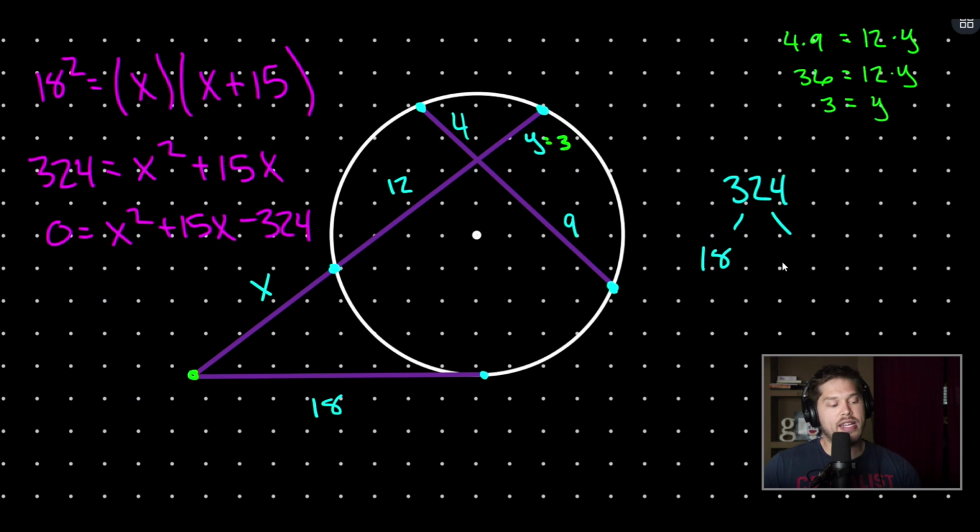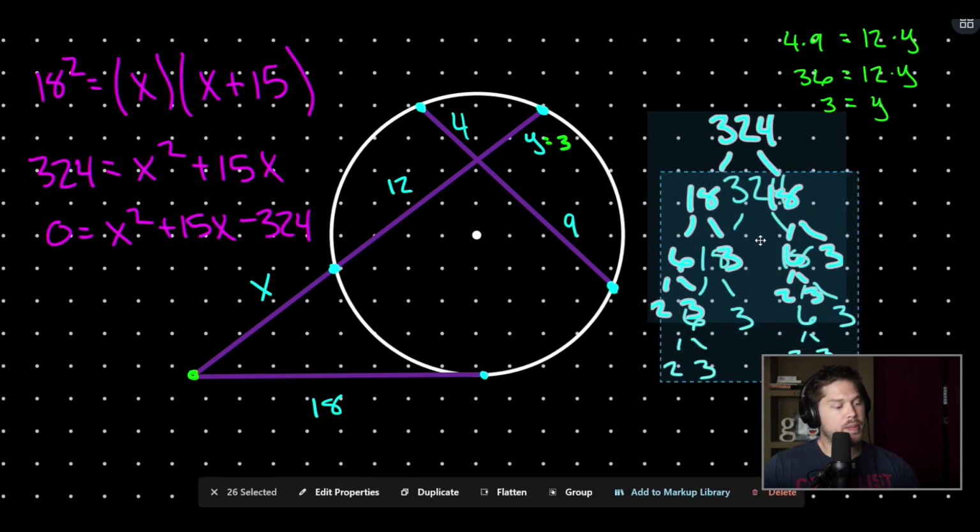Well, we already know that 18 and 18 multiply to give 324. And then from here, we have a 6 and a 3, and a 6 and a 3, and a 2 and a 3, and another 2 and a 3. And here, let me move this up a little bit.